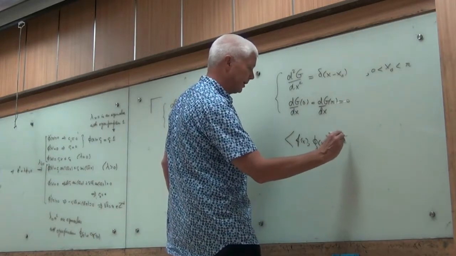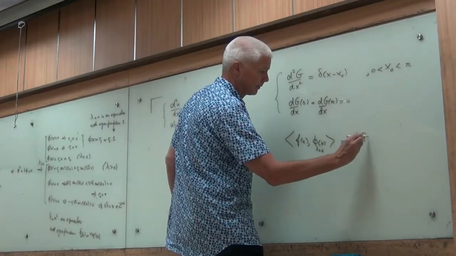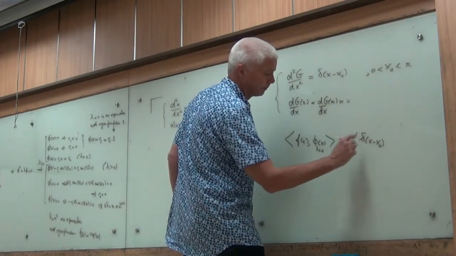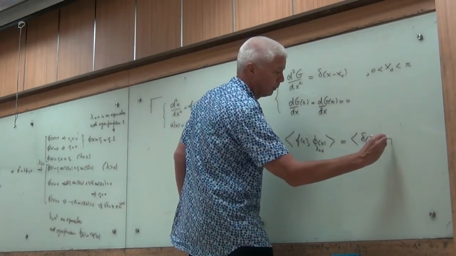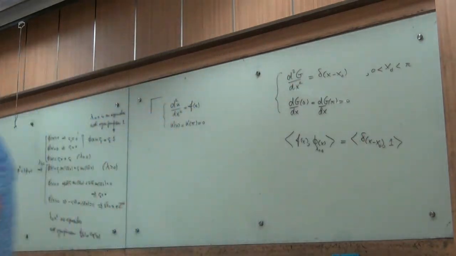So I have to look at the inner product, in this case, of the delta function, x minus x0, with 1. You agree? Because f is the delta function. And for which function do I have an eigenvalue lambda 0? That is the function 1.